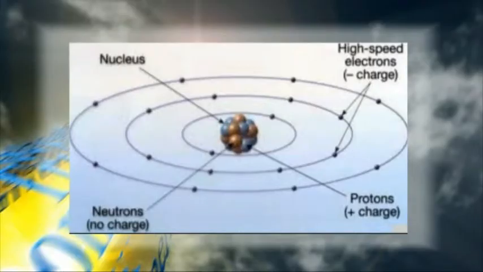So the center is made up of a proton which has a positive charge, and a neutron as well with no charge at all, but whizzing around it very, very fast are all these electrons.